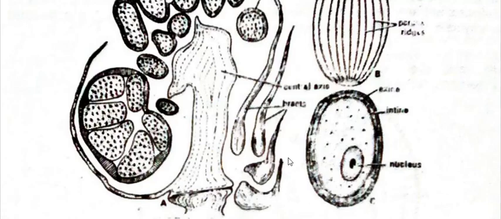The lower bracts are sterile, and then here is the short column at the terminal end of which 8 to 12 microsporangia are produced in a group. These are also the microsporangia which are present in a group.